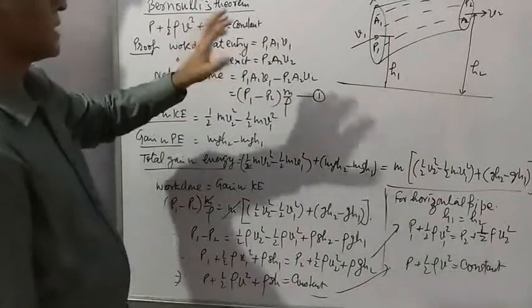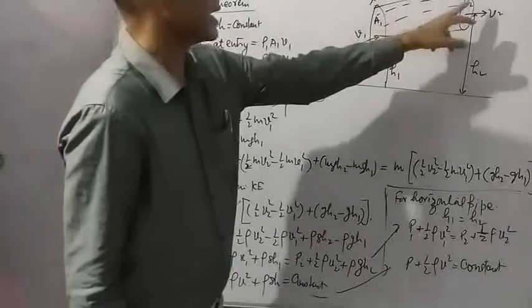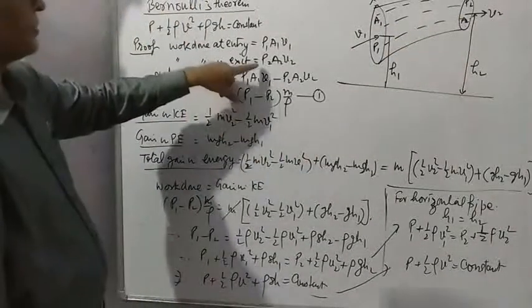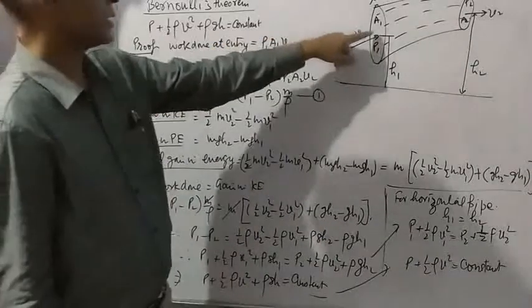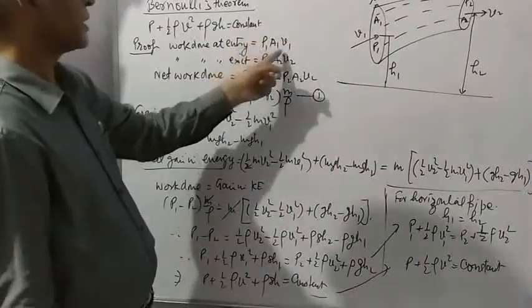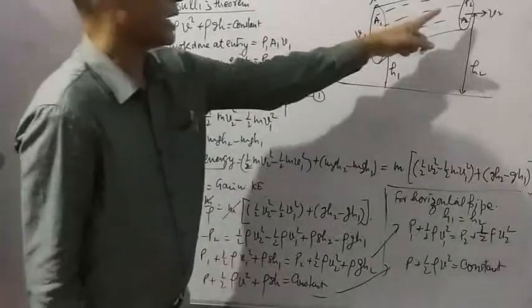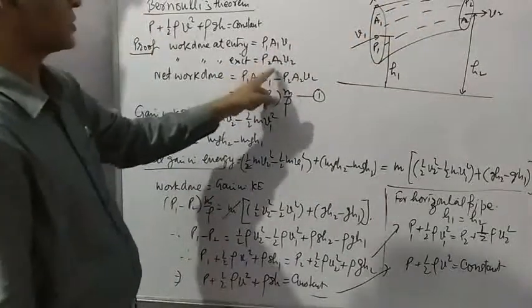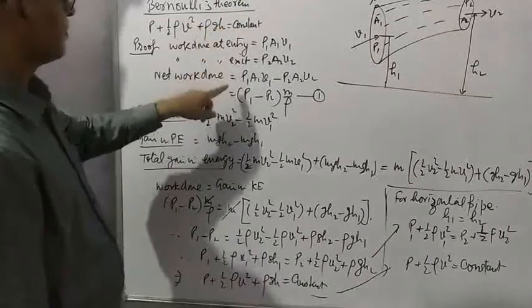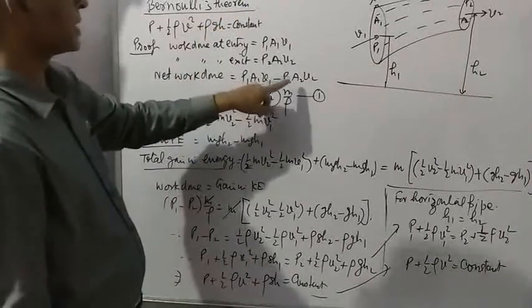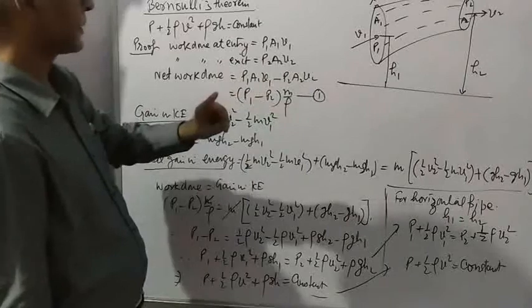By same logic, work done at exit will be P2 A2 V2. So here this much work is done and at exit this work is obtained. Therefore net work done will be P1 A1 V1 minus P2 A2 V2.